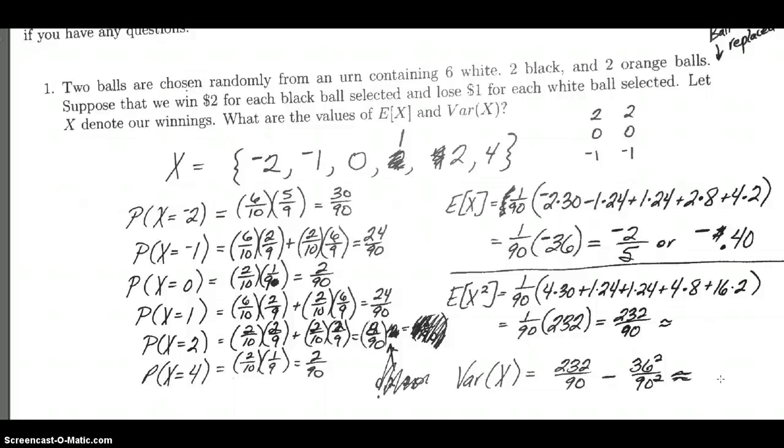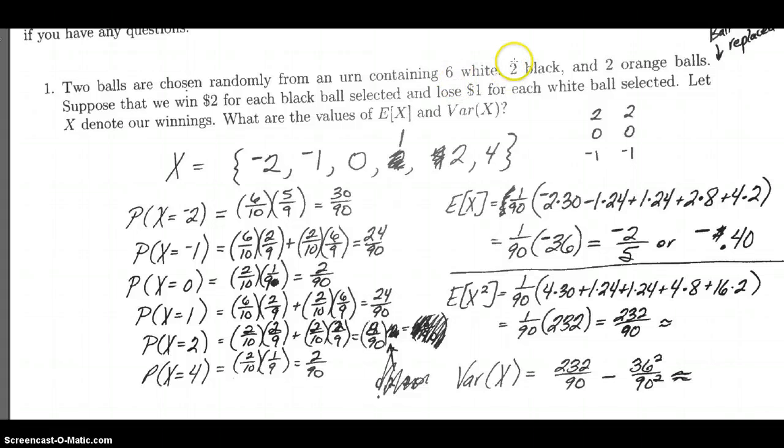So how would I check if this is a reasonable answer? Well, first of all, I should check to make sure I have a total probability of 1. Second of all, losing about 40 cents makes sense because I'd be slightly more likely to win than lose if there were the same amount of blacks and whites, but there's 2 blacks and 6 whites.